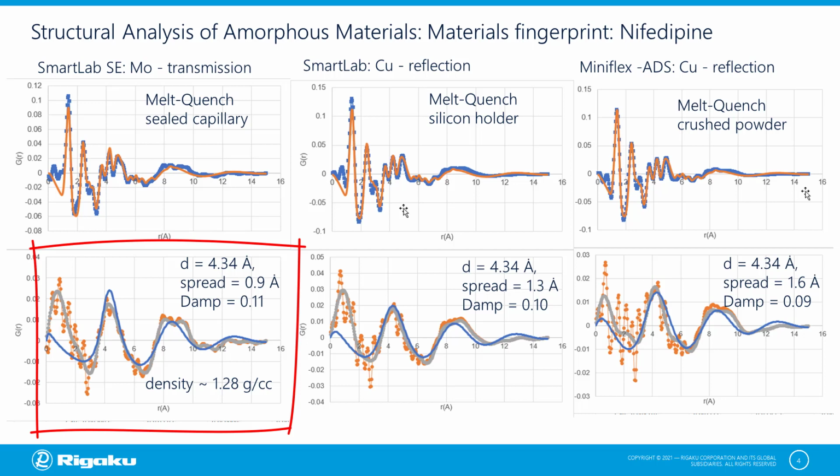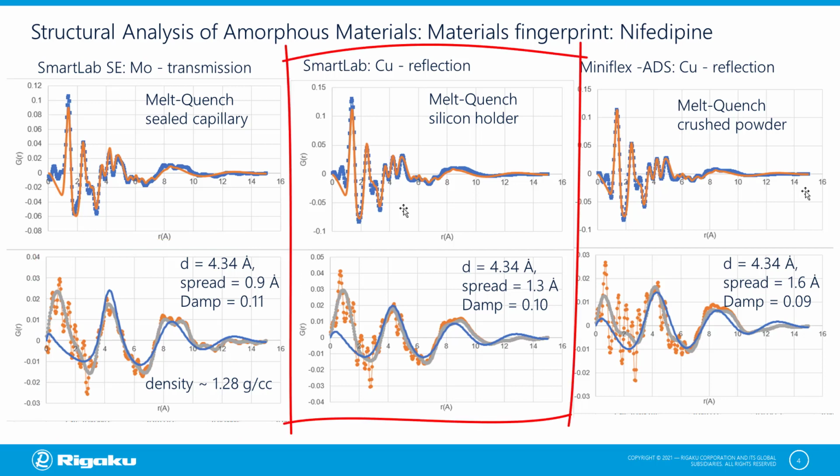From this, we can actually calculate the effective density in that local packing region, and we get about 1.28 grams per cc, which is very, very close. I think it's about 1% less than what you get for the crystalline material. In the center plot here, this was data collected on the SmartLab in reflection mode, using copper radiation.